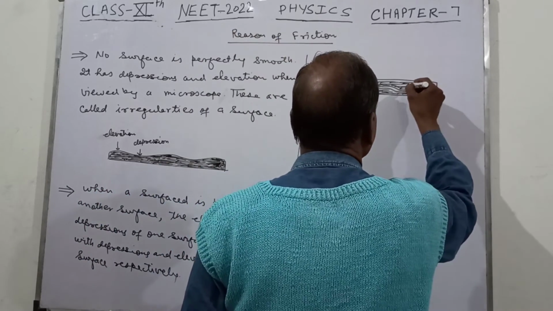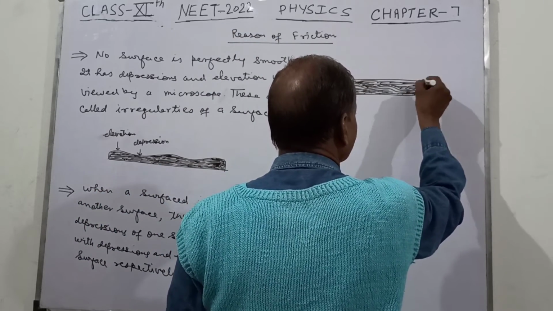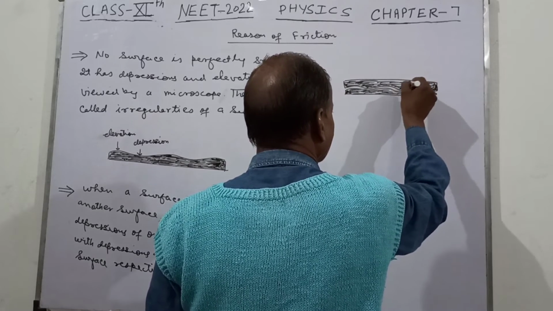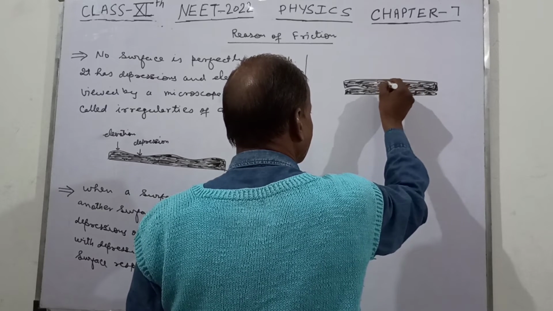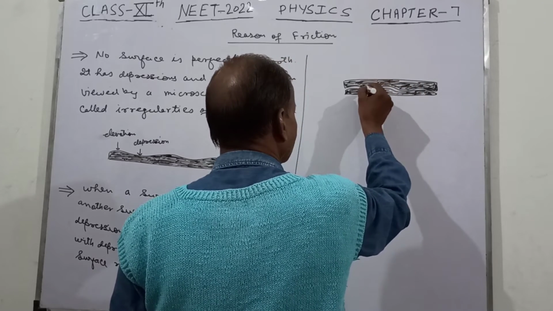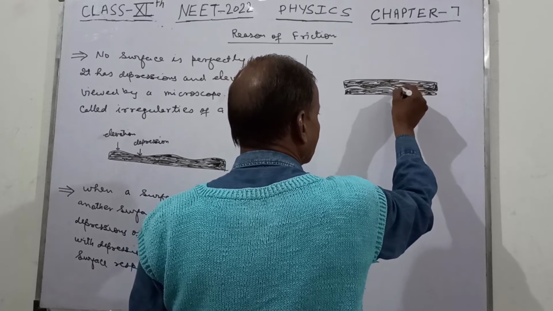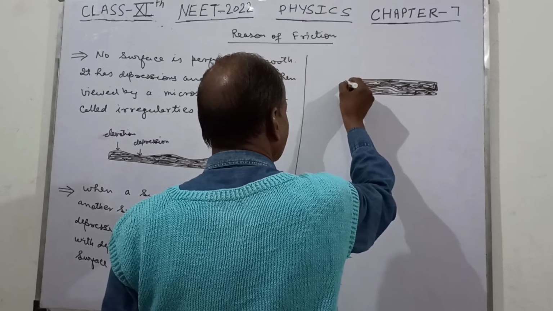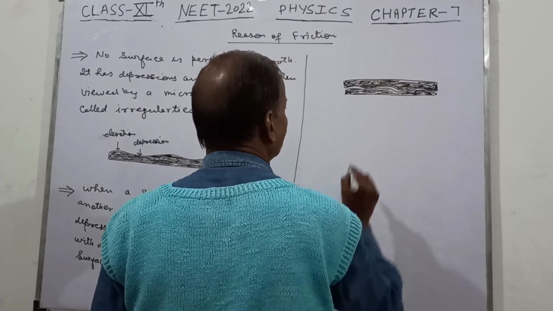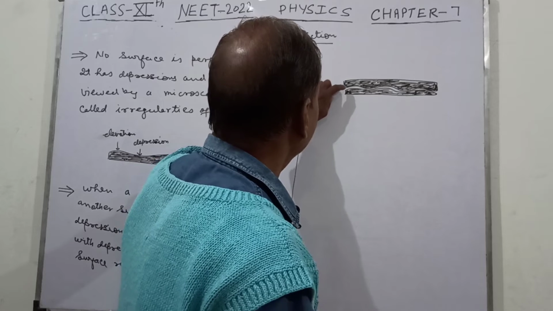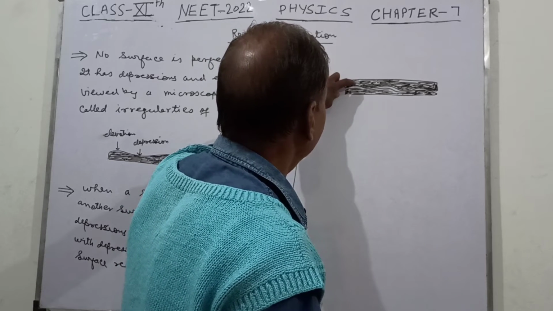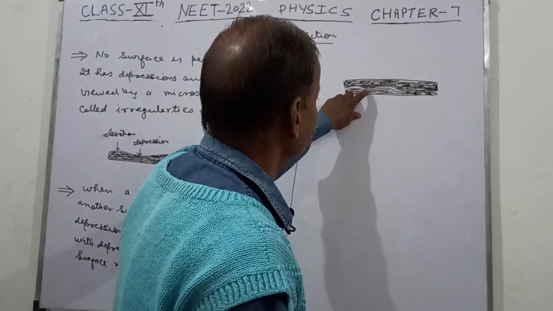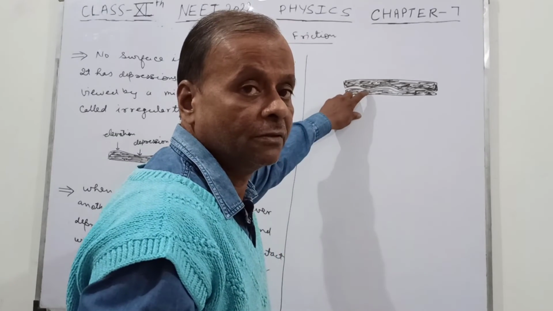They are not much visible. Now we see that the depression of one is in contact with the elevation of the other, and the elevation of the first is in contact with the depression of the second.